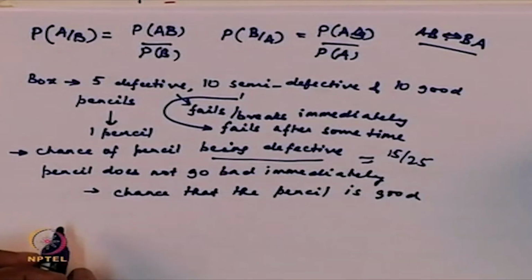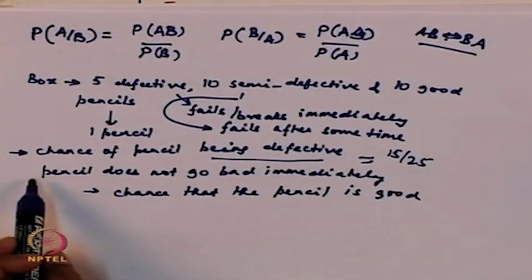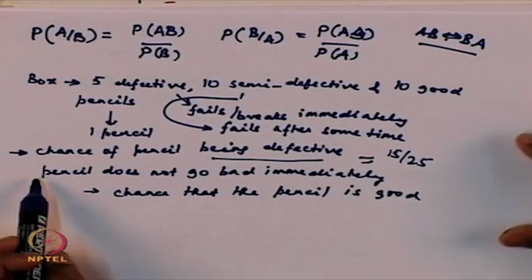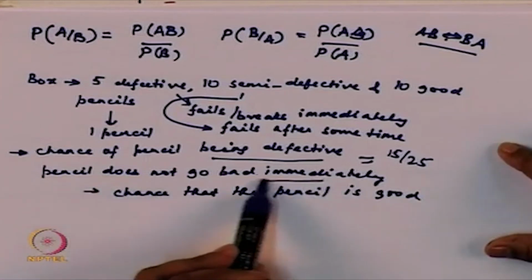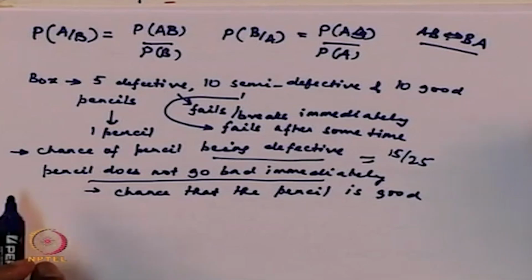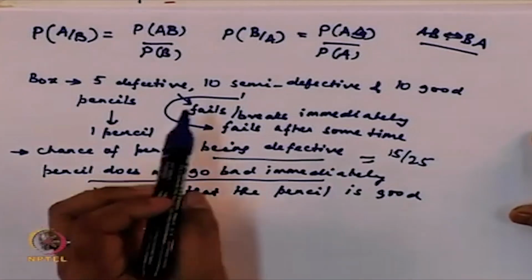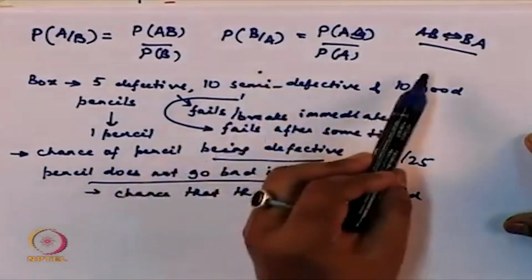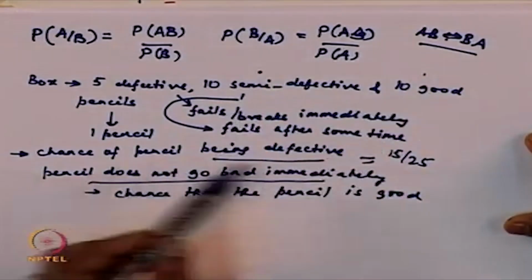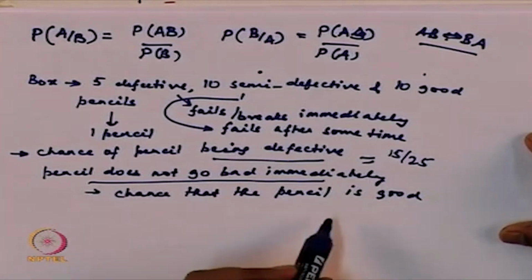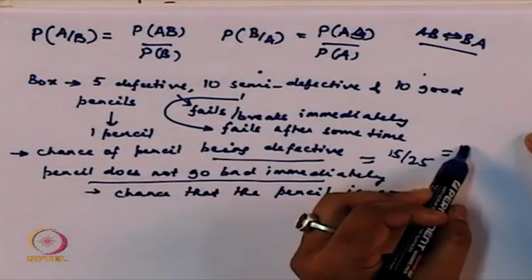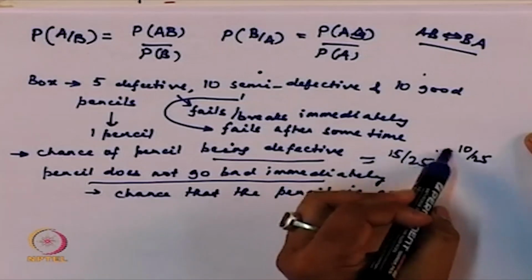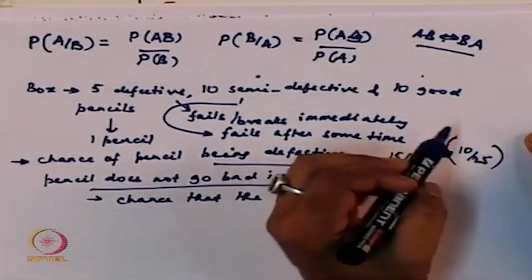This is an example of conditional probability. If I know the pencil does not go bad immediately, it means that I have either chosen a semi defective piece or a good piece. So, under this case what is the probability that the pencil is good? Without the condition it was simply 10 by 25. So, this is the chance of the pencil being good.